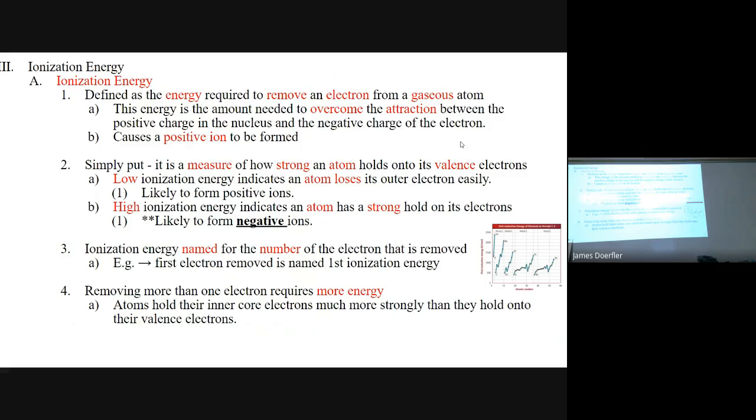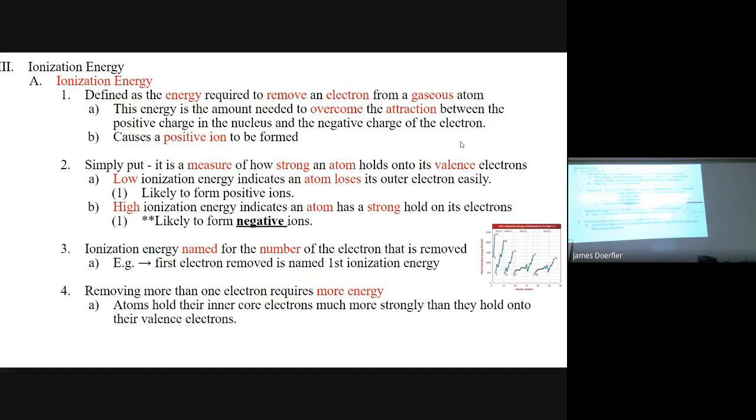And in this case, atoms that have a low ionization energy, you're going to have the formation of a positive ion. If an atom has high ionization energies, that means it's got a super strong hold on those valence electrons. It takes a high level of energy to separate them.